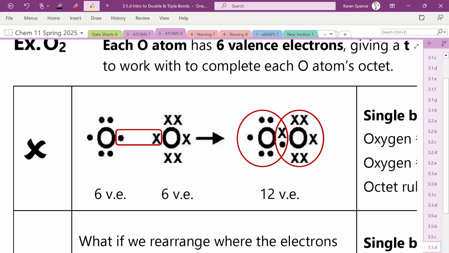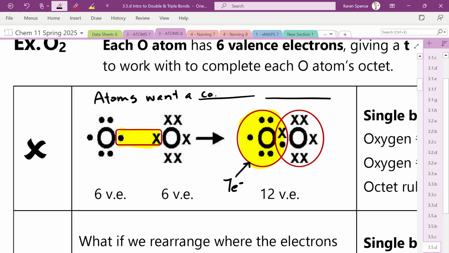If we go through the process that we did yesterday, where we just share those 2 electrons there, then how many electrons does the oxygen on the left have? 7. Is that good? No, because what do atoms want to have? Atoms want a complete octet. So they want 8 electrons.